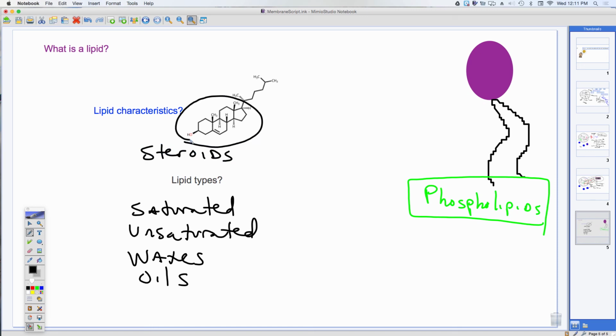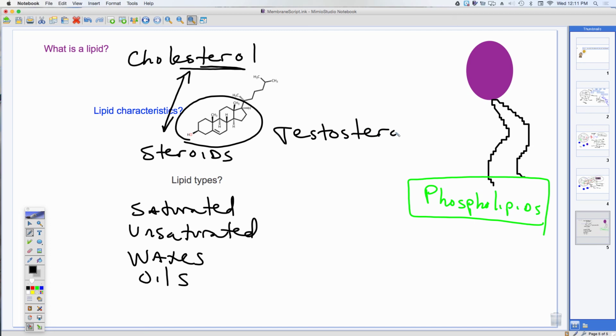Steroids are lipids too, and all steroids have this basic structure. The steroid that you are looking at here is cholesterol. You can tell it's a steroid by its name because it has that stero stem, steroid.